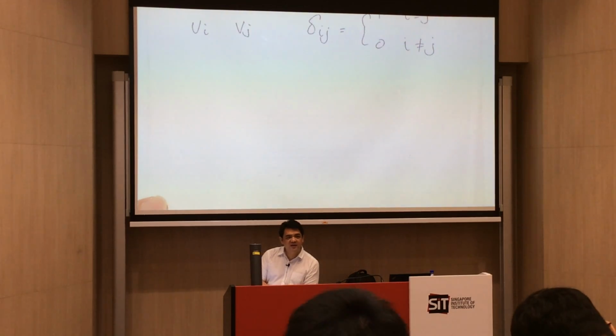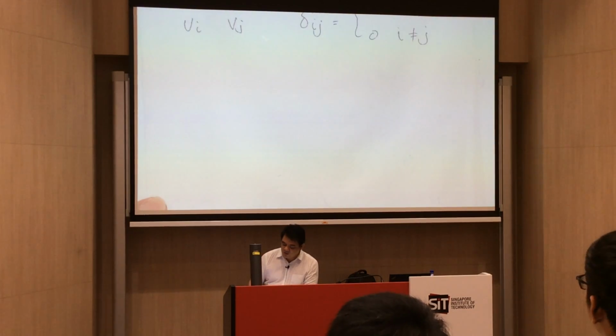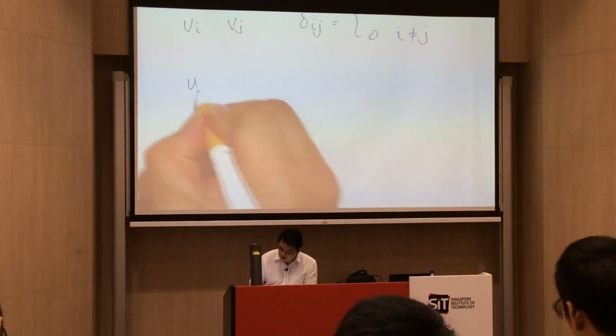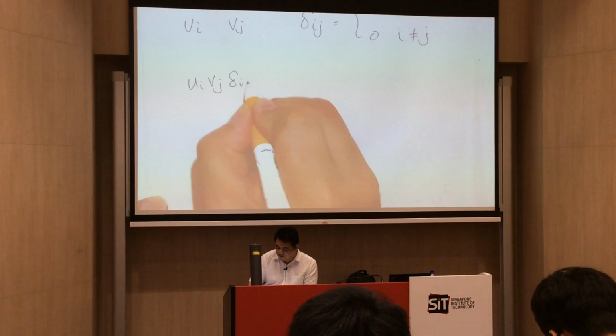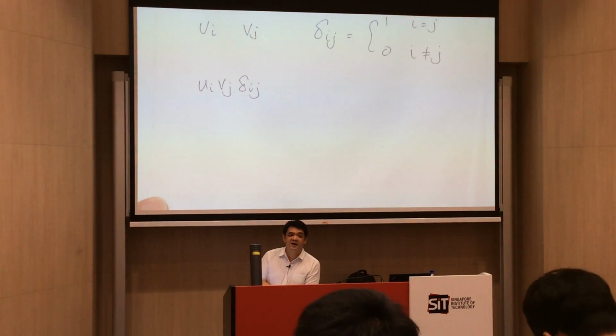So how do we write that? This one now will be Ui Vj multiplied by a Kronecker delta ij.